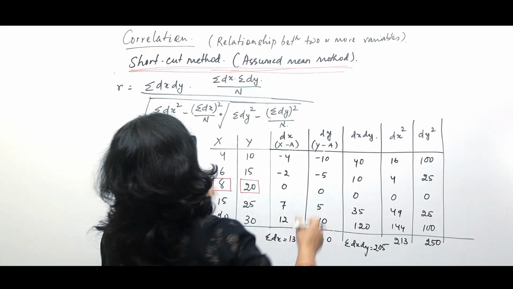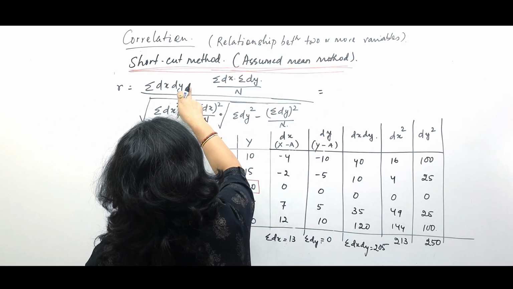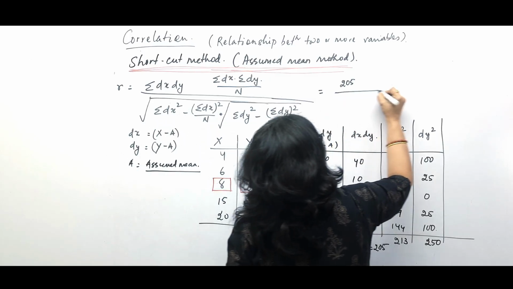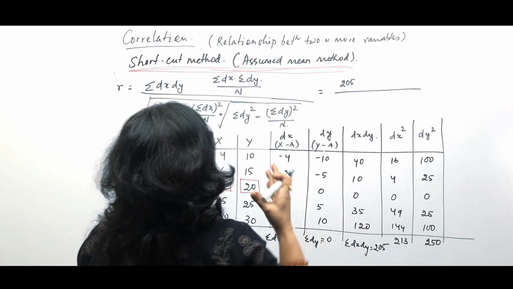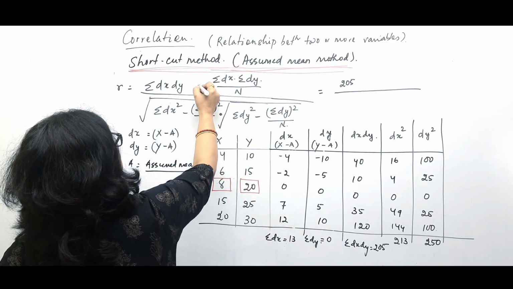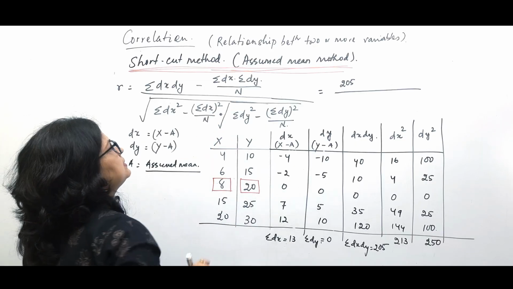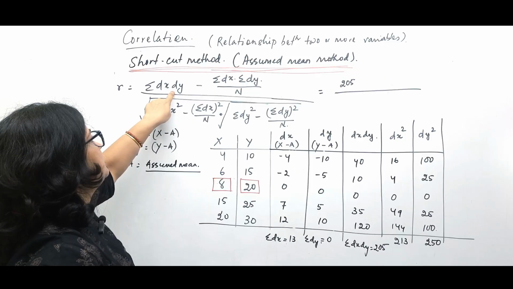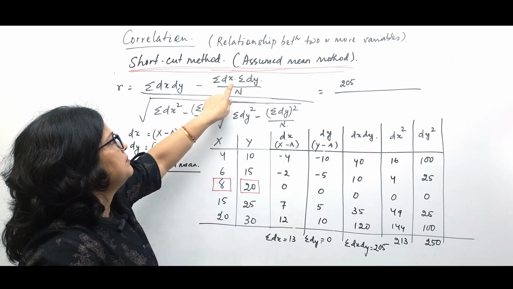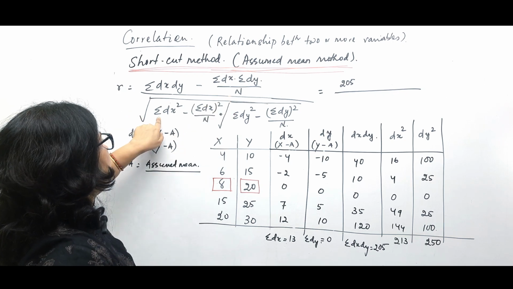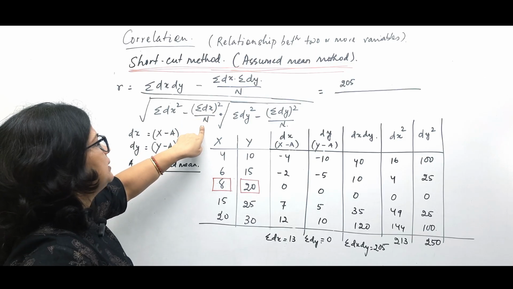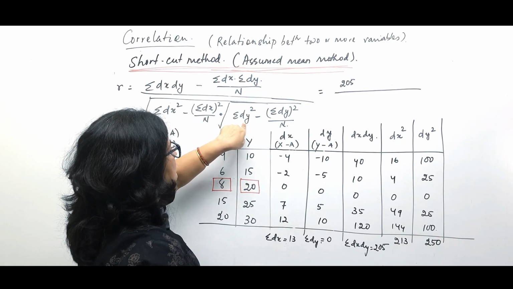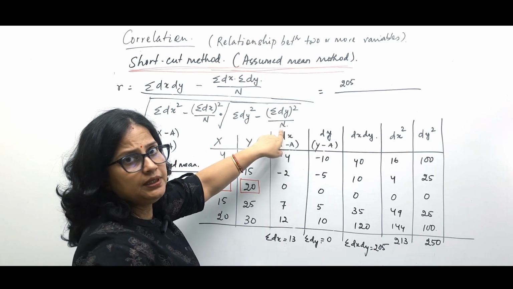We need to put all these values into this formula. Sigma of dx dy is 205, minus sigma dx into sigma dy divided by n, over the root of sigma dx square minus sigma dx whole square by n, into the root of sigma dy square minus sigma dy whole square divided by n.